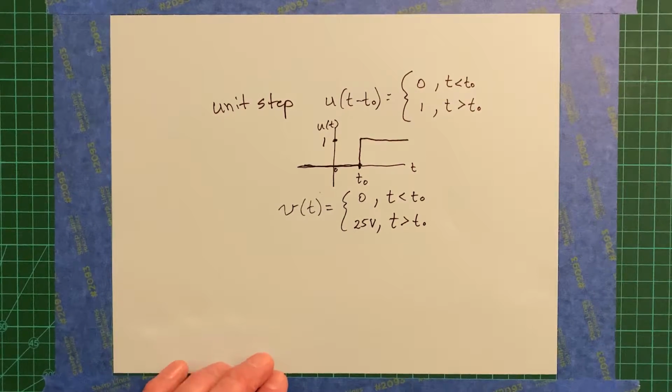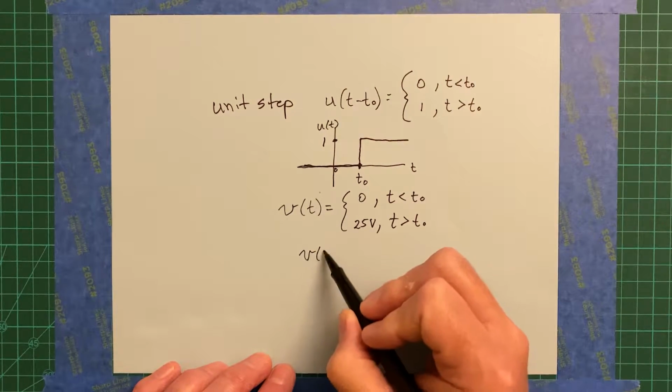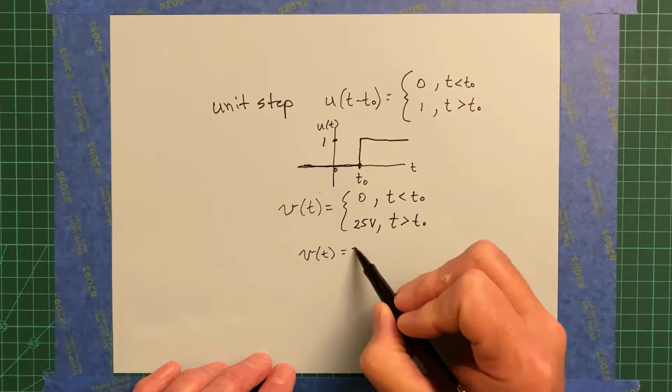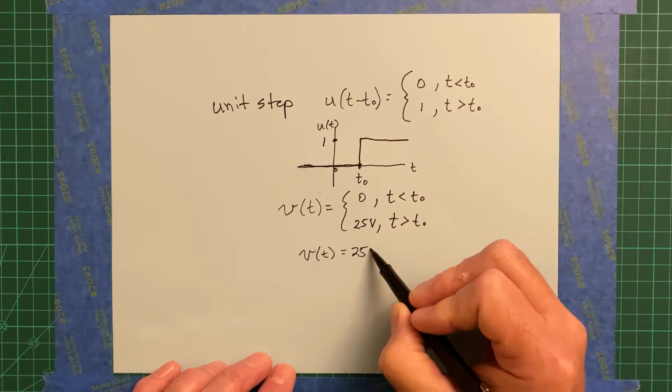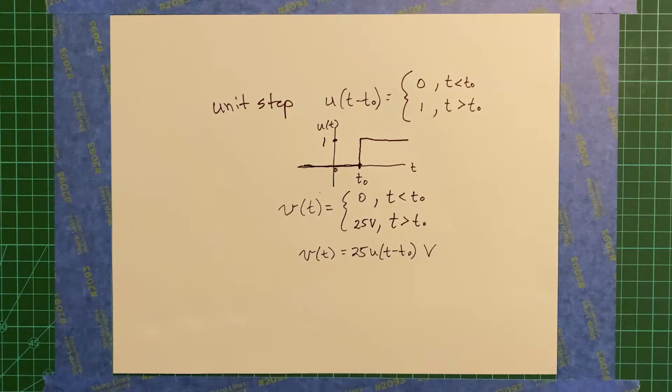And t naught could be 0 here. All right, well, the way you would write that, sort of a shorthand way, is v of t is equal to 25 u of t minus t naught volts, like that.